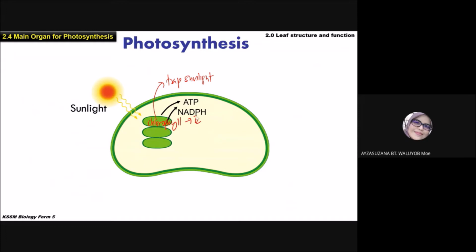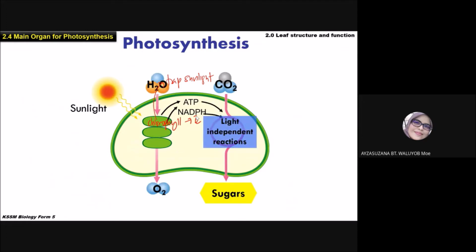Okay, satu elektron. At the same time, pada masa yang sama, this light energy causes water, okay, in the chlorophyll. Water diffuse into the cell, then diffuse into the chloroplast and diffuse into the chlorophyll.